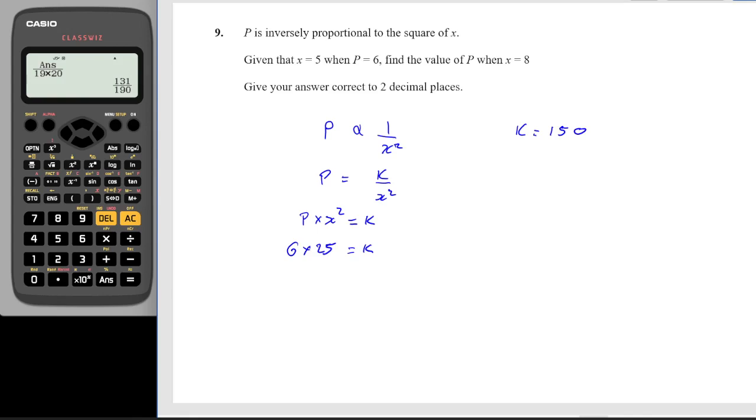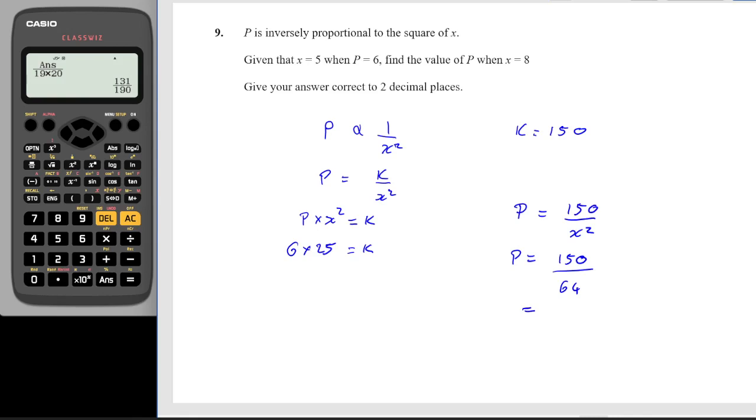So that's my general formula. So now I found k, I can write my actual formula. P is equal to 150 divided by x squared, and we want to find, so p is going to be equal to 150 divided by x squared, so divided by 64.